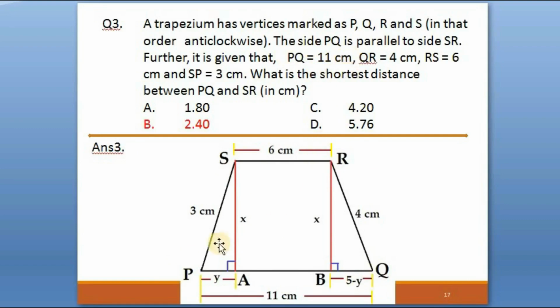PQ is 11 centimeters and QR is 4. SR is parallel to PQ and is given as 6. QR is given as 4 centimeters and SP as 3 centimeters.